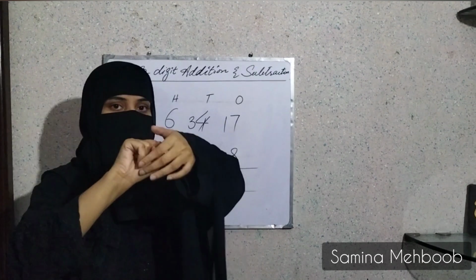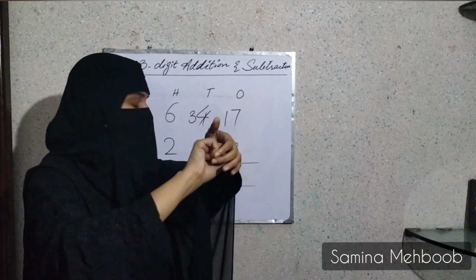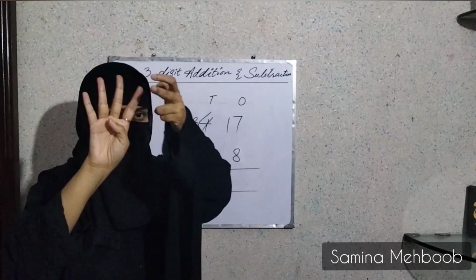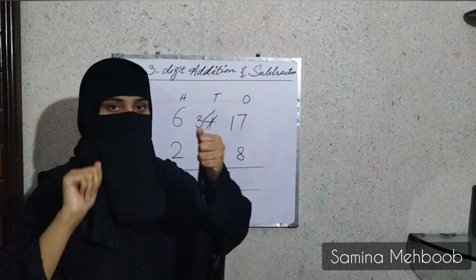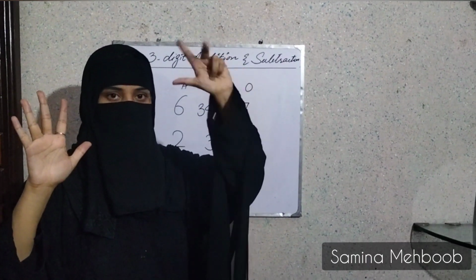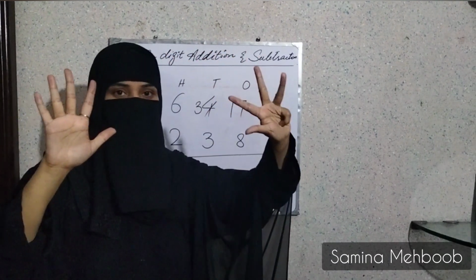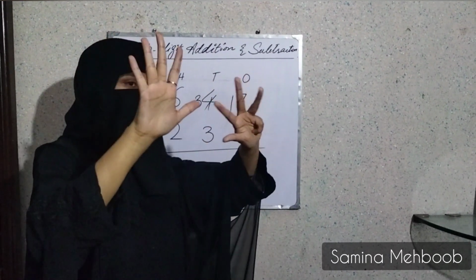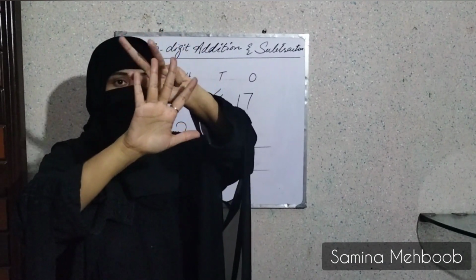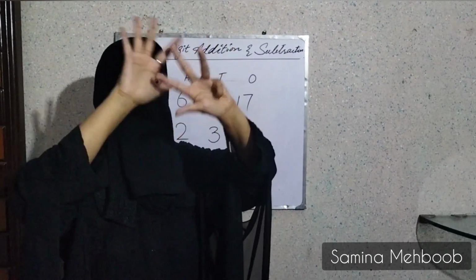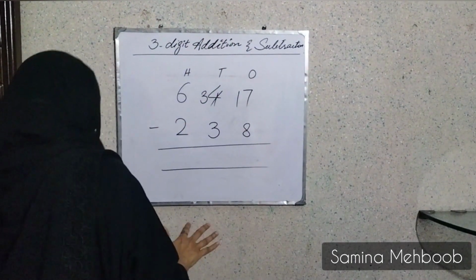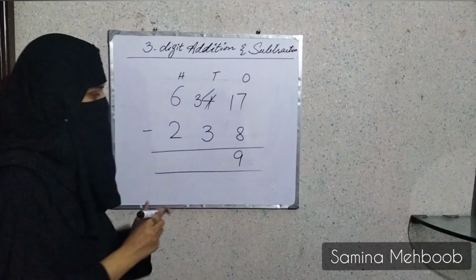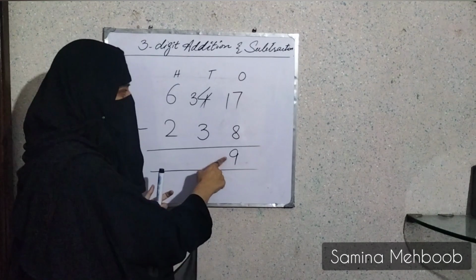After 8, open the fingers of the fist: 9, 10, 11, 12, 13, 14, 15, 16, 17. Now count the fingers: 1, 2, 3, 4, 5, 6, 7, 8, 9. The answer of ones place is 9.